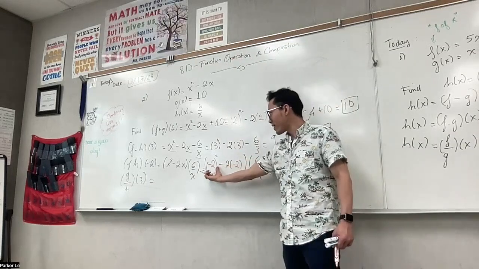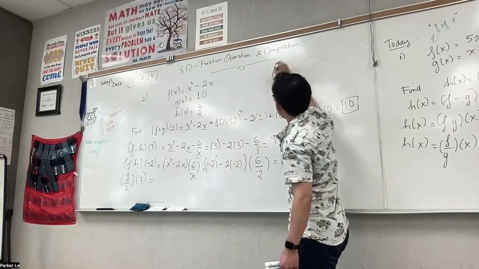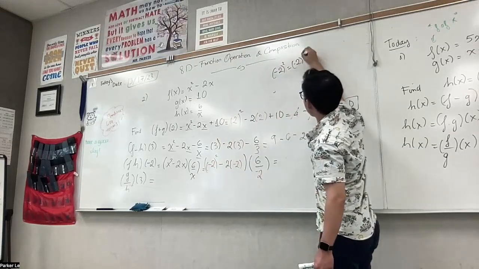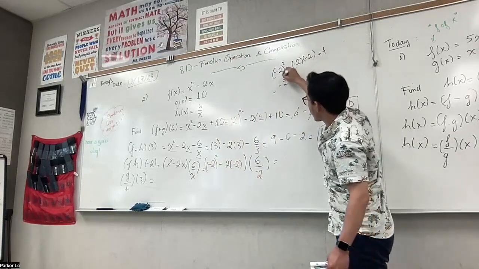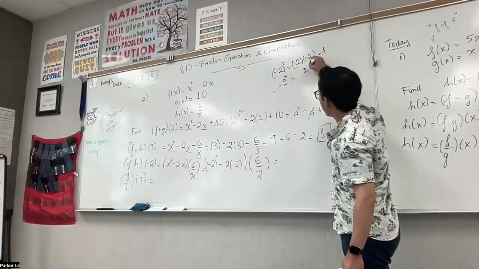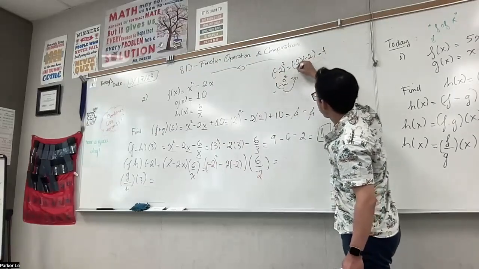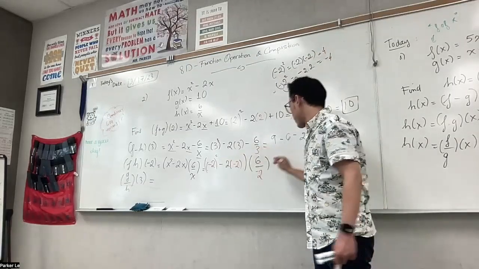Because in the parenthesis right here, the power 2 applies to the negative as well. Negative times -2, so it's positive 4. But if you don't have a parenthesis, the square only applies to the number 2. So you have 2 times 2, and the negative is still outside, and that is -4. That's the difference. They are different.